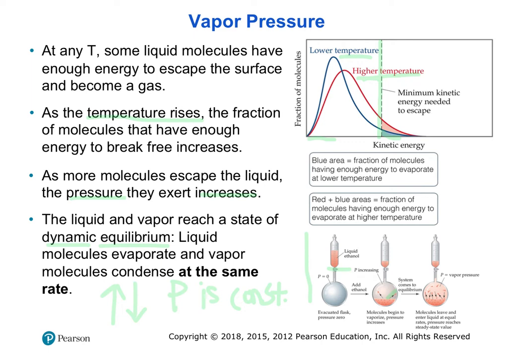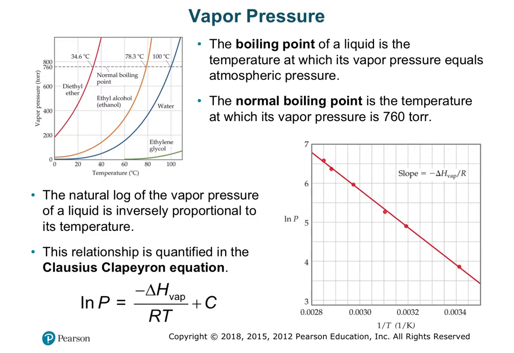This is related to intermolecular forces, because you can imagine that molecules that have a weaker intermolecular force in the liquid phase are going to vaporize a lot easier at a certain temperature than something that has higher intermolecular forces. So the boiling point is related to the vapor pressure.